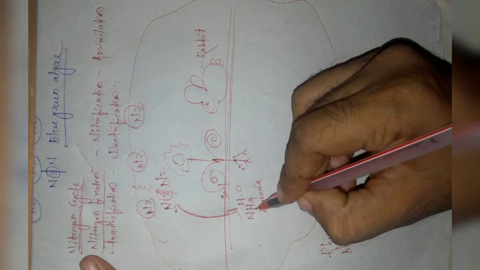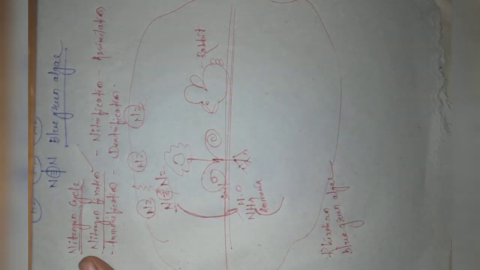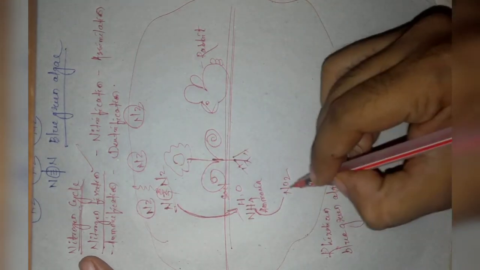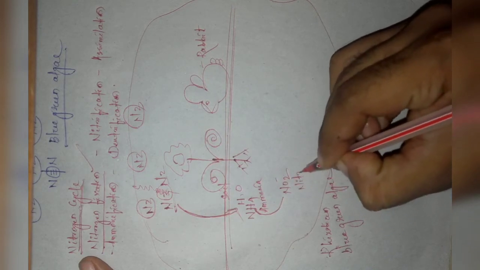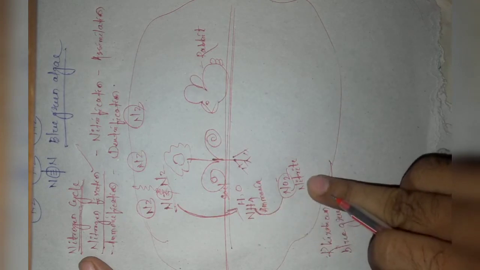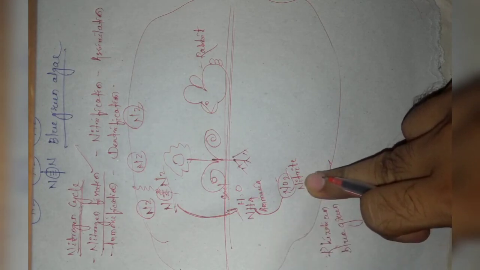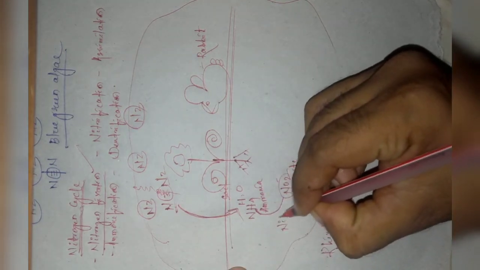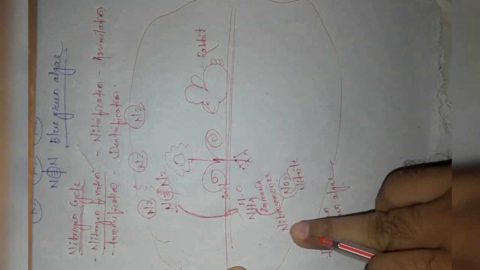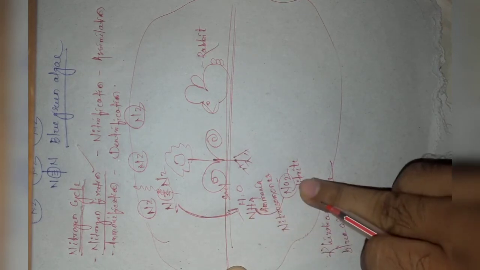When the ammonia is converted into nitrite, NO2, that is your nitrite, by the bacteria known as nitrosomonas, that bacteria is responsible for the conversion of ammonia to nitrite.